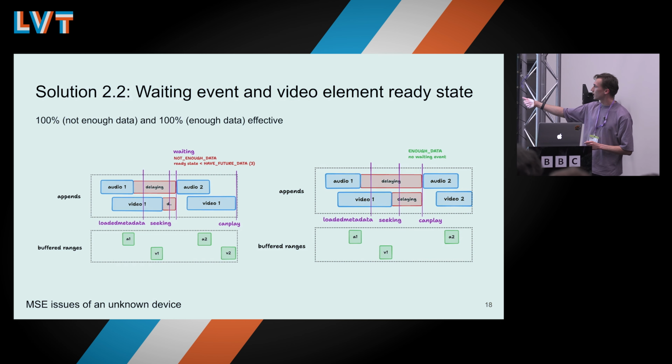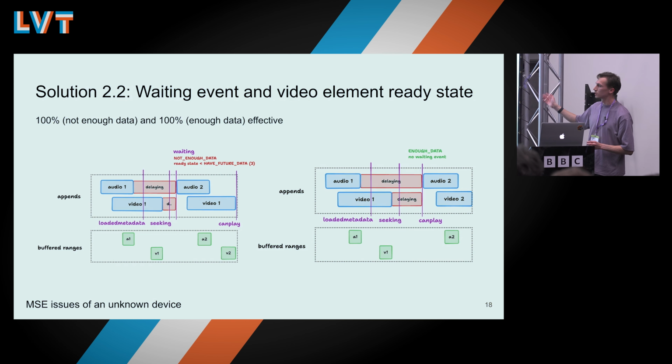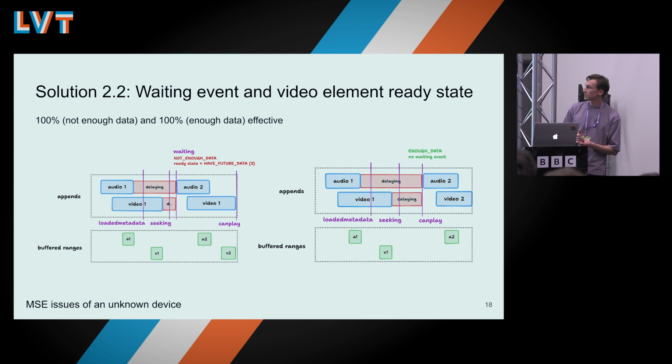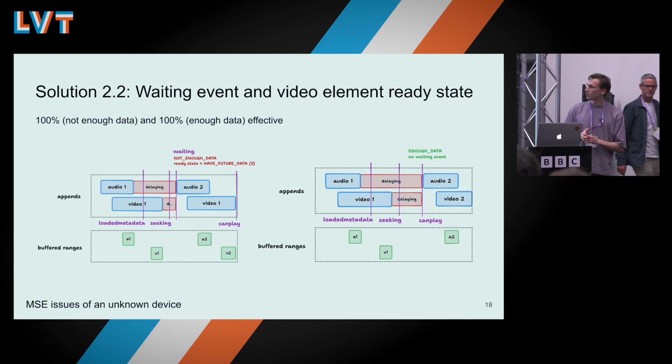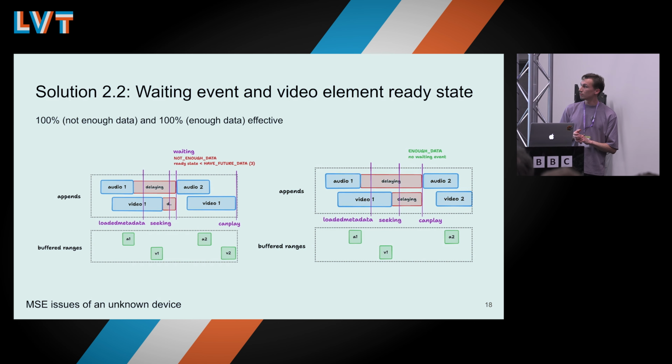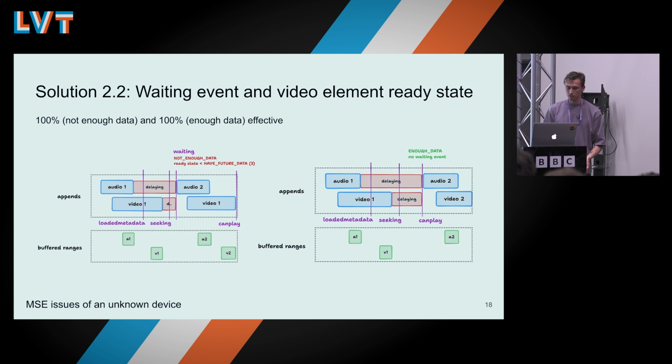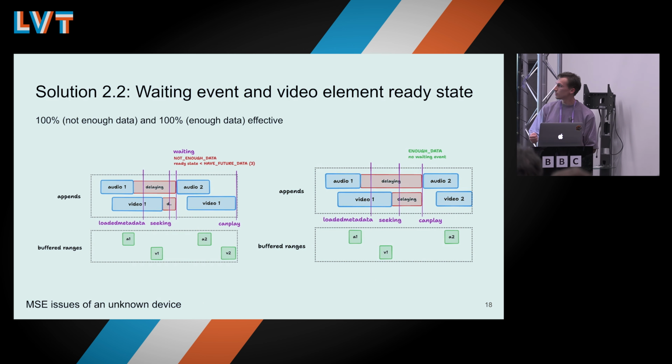We will get canplay and start playback, and it will play normally. So the effectiveness when there is enough data is still 100%. It didn't change. But on the left side we improved things. It's not 92%, it's 100% now, which is really good. It means that we fixed it.